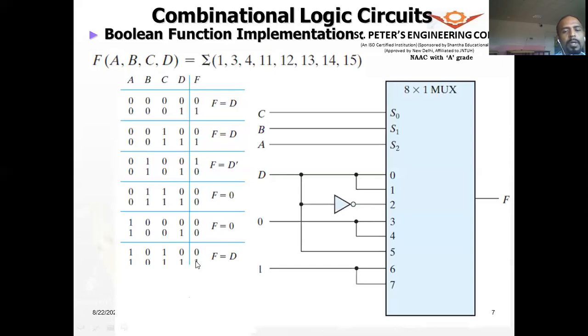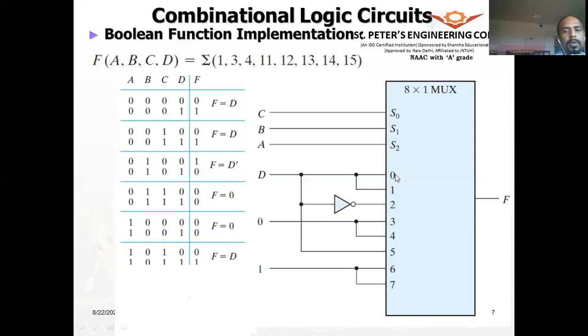So for this combination, F is equal to D. So we are going to give I5, that is the input 5, D. So this 3, 4 takes care of all this up to 9, and then for 10 and 11, the I5 takes care.